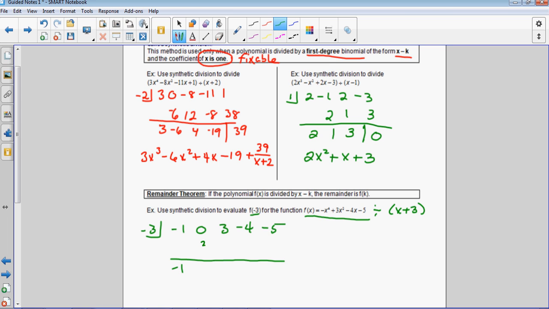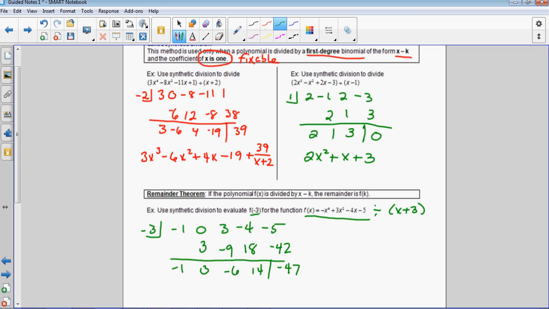So 3, -9, 14, and your remainder is -47.